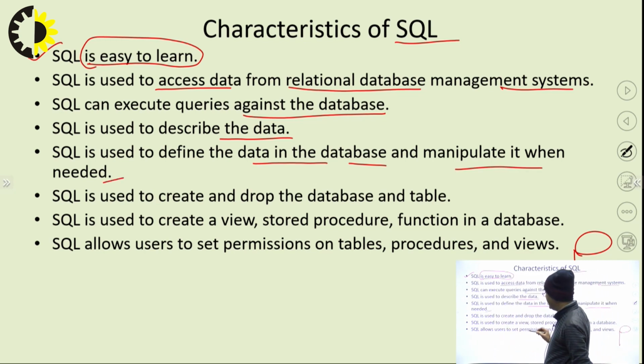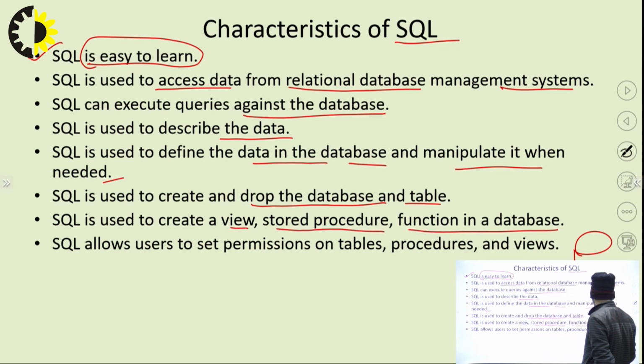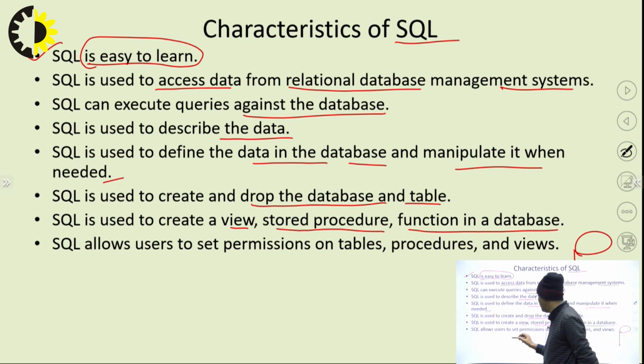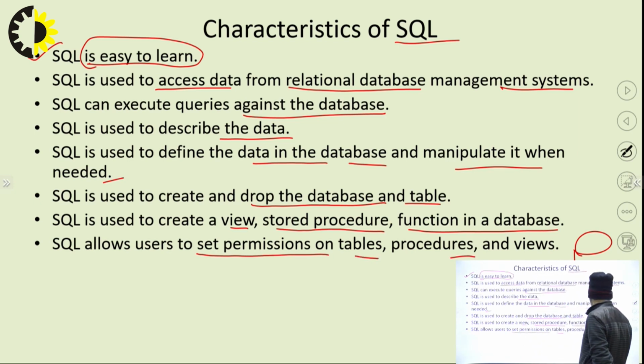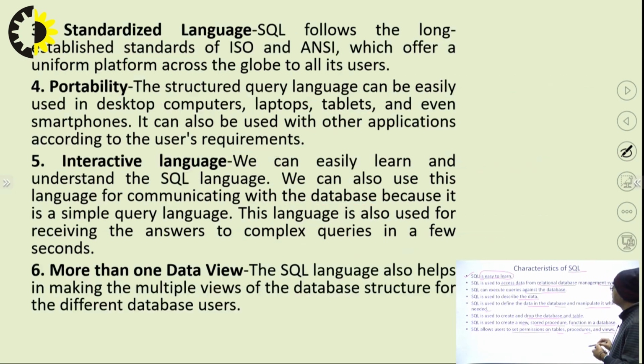Next, it is used to create and drop databases and tables. It is also used to create views, stored procedures, and functions in a database. And last but not least, SQL allows users to set permissions on tables, procedures and views. These are certain characteristics of structured query language.